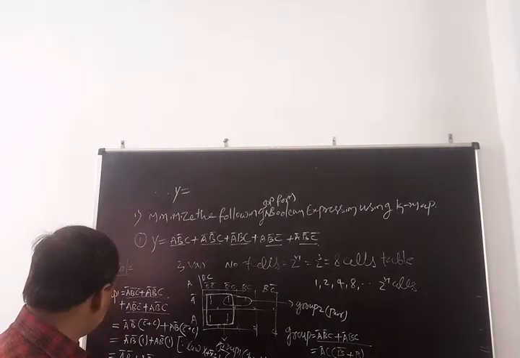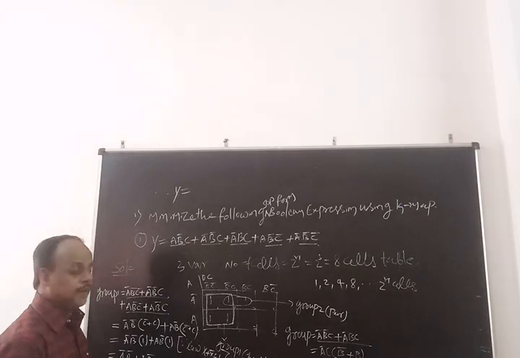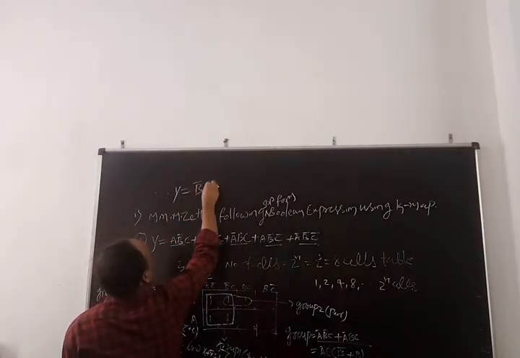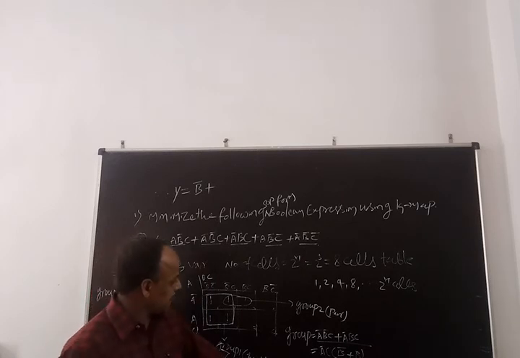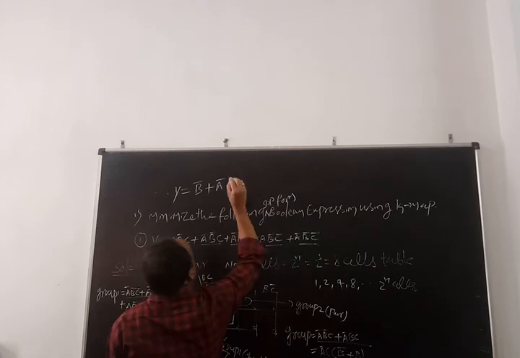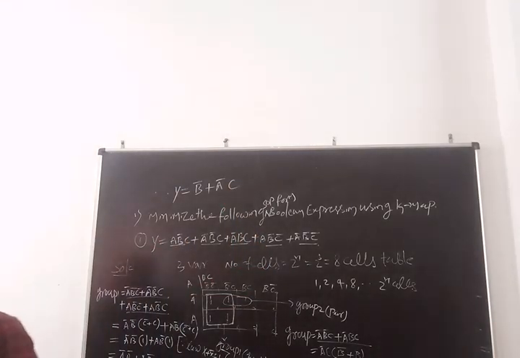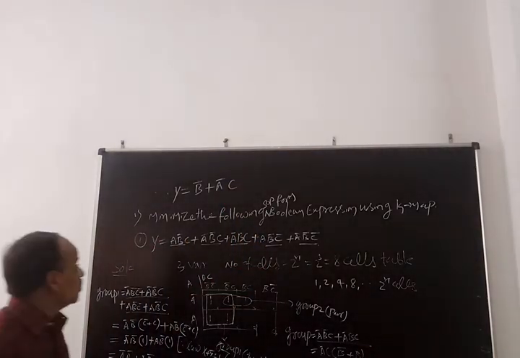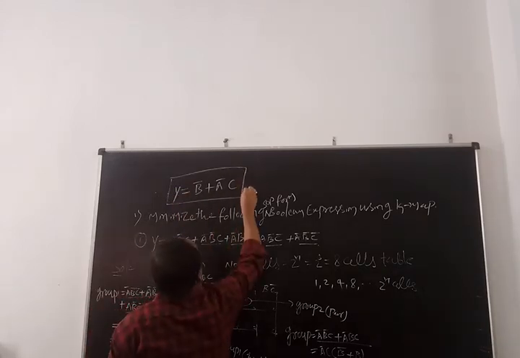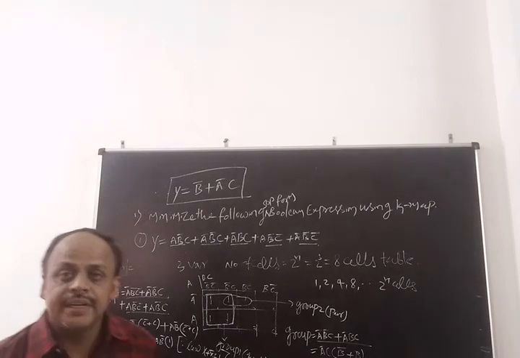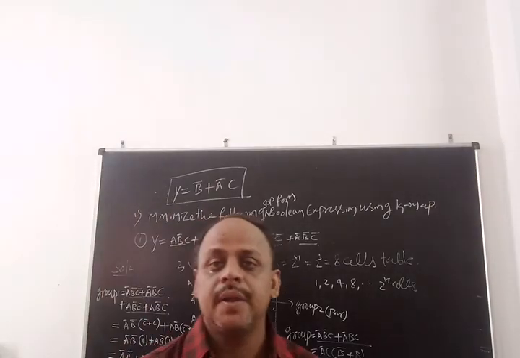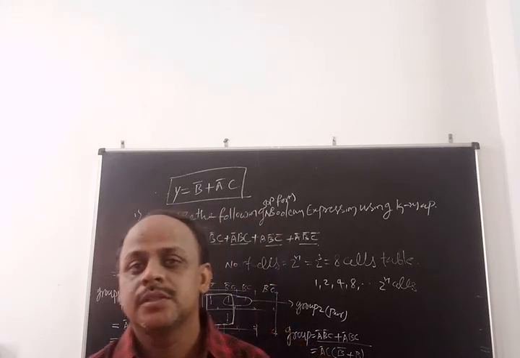What is the first minimized term? B bar. Therefore, y is equal to B bar plus, the minimized term of second group, A bar into C. So this is the final answer. Y is equal to B bar plus A bar into C.